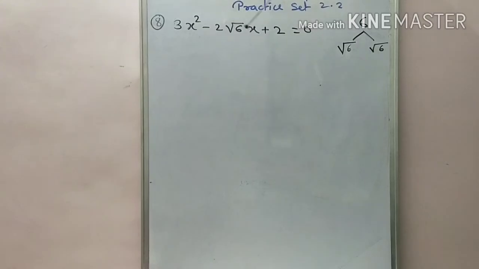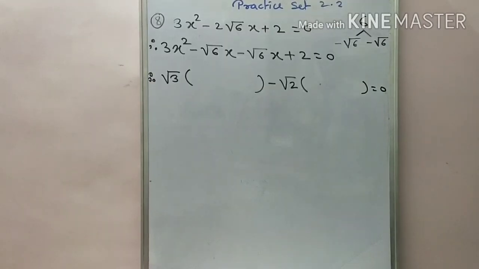Now we have to decide the sign of both factors, and if there is addition, the middle term sign goes to both factors. Means both having minus sign.